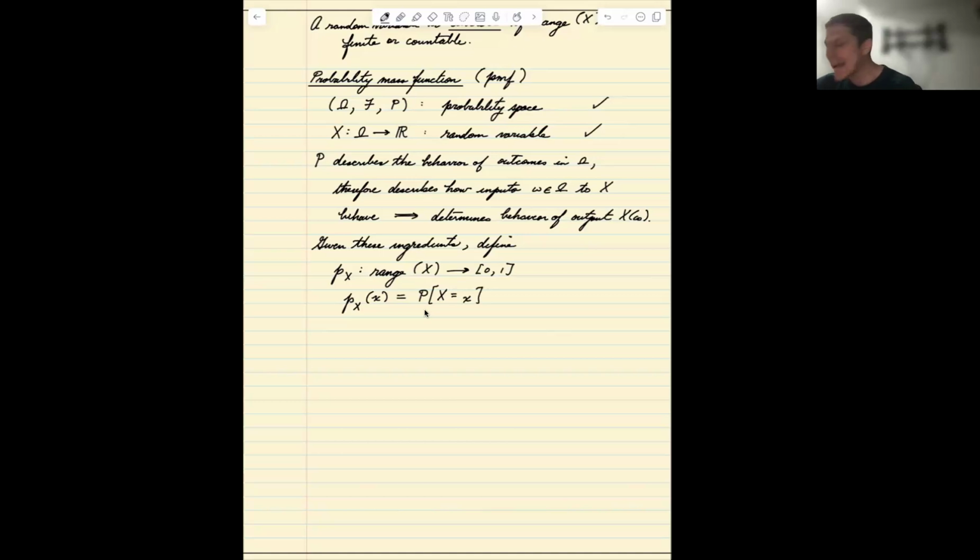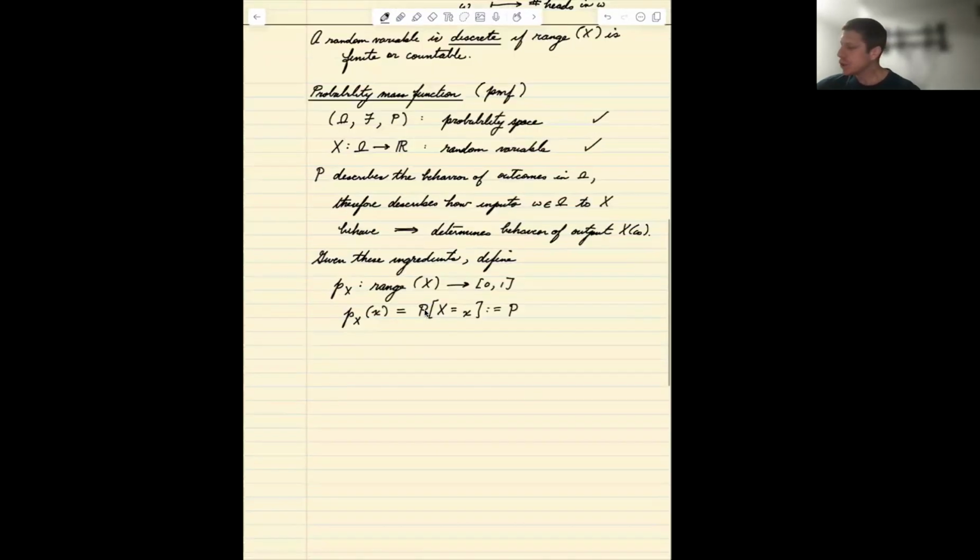What does that mean, technically speaking? It's because P, remember, P is the probability distribution on subsets of omega. So really, it's a function on subsets of omega. So it has to be defined on subsets of omega. And here's what that subset is.